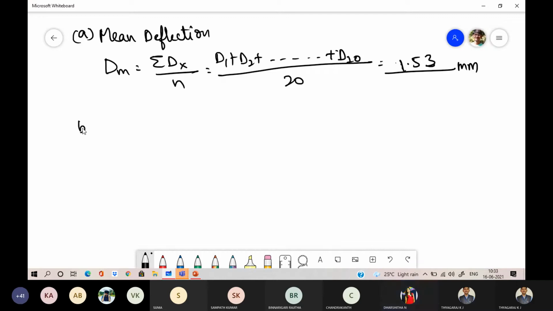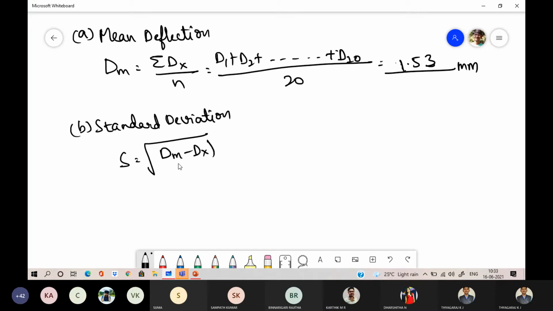Now, the second one is standard deviation. So, standard deviation S is equal to square root of summation of (dm minus dx) whole square divided by n. So, calculate the value.